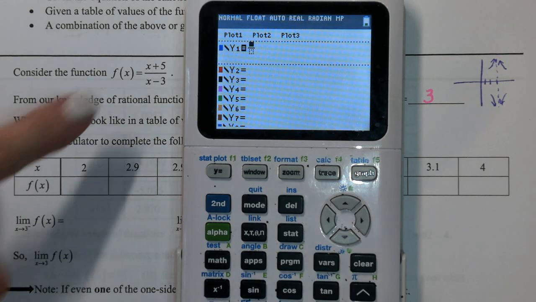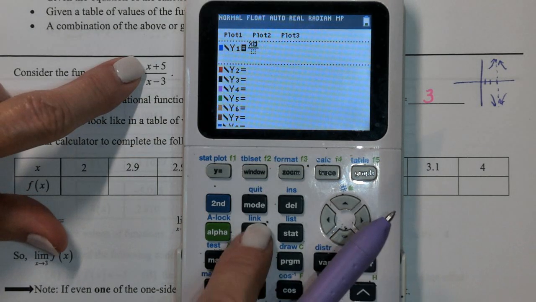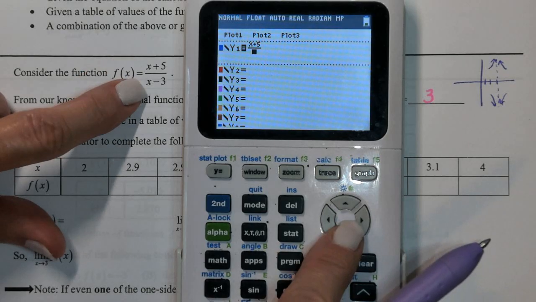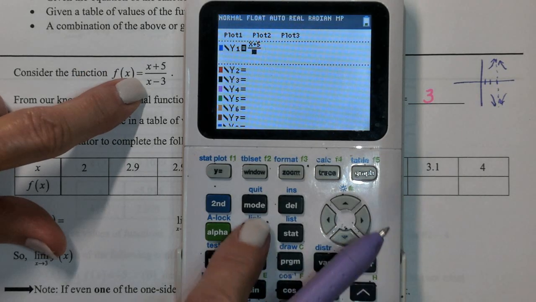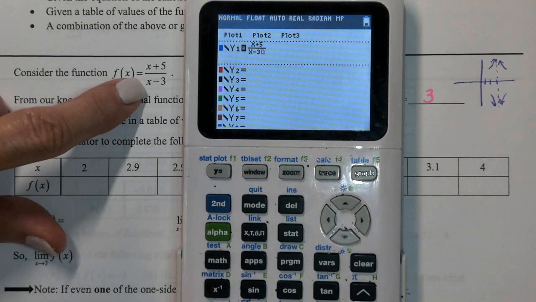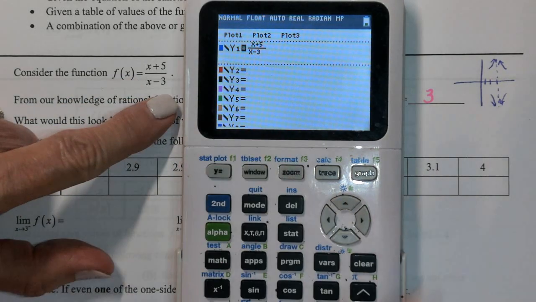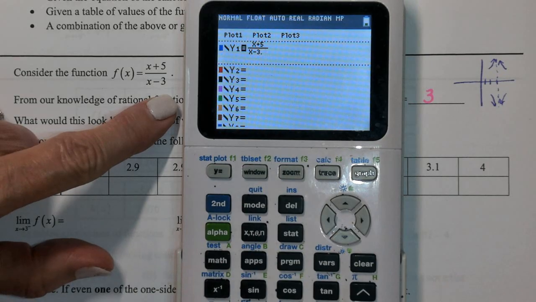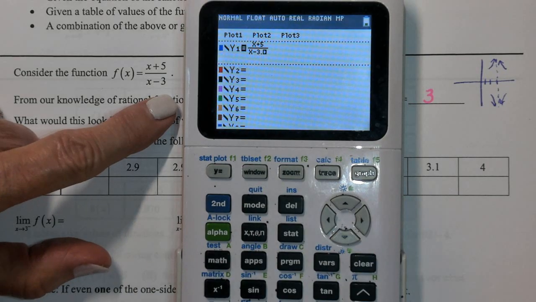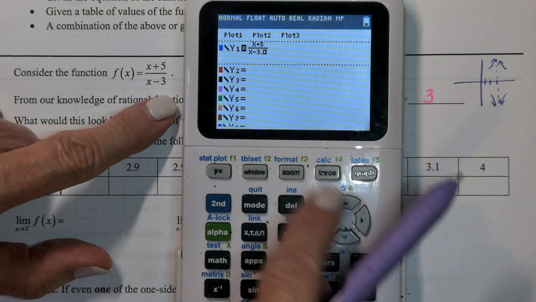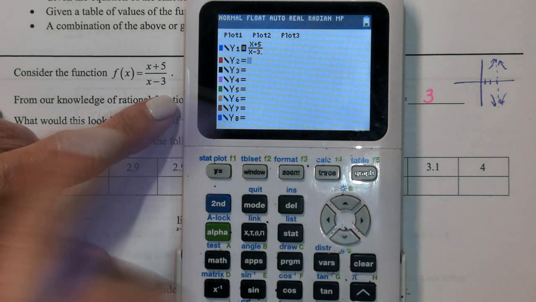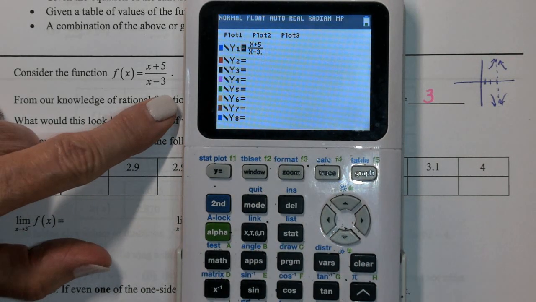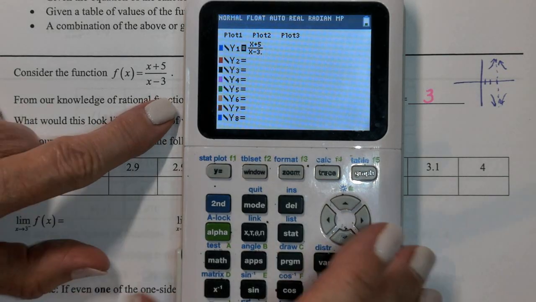Okay, so I'm going to put x plus 5 over x minus 3, but I want all of my answers to be decimals. So I'm going to change that 3 to 3.0. If you just put a decimal after that 3, or the 5, it doesn't matter which one, or both, now our answers will be in decimals rather than fractions, and I'd rather have a decimal for what I'm doing.